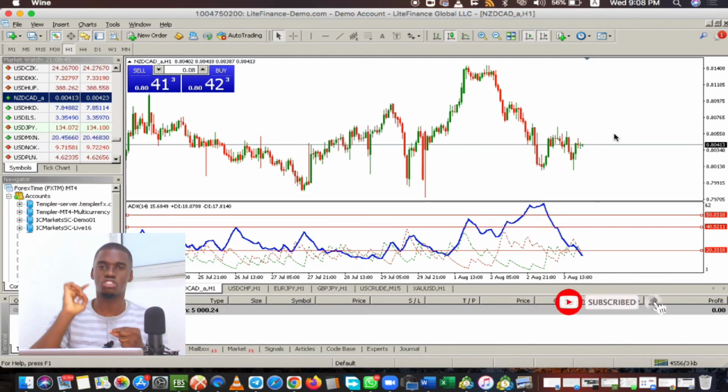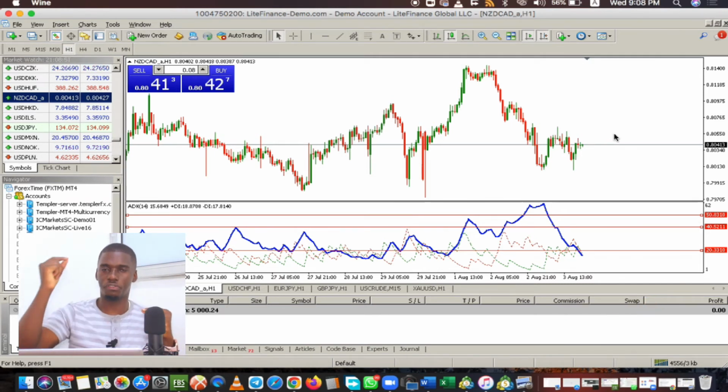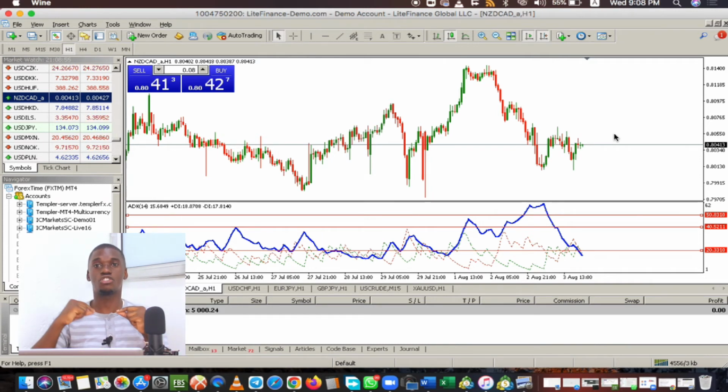And the moment 20 is crossed going upwards, it means that the market has started trending. So between 20 and 40, that's a trending market. Just know the market is trending regardless of whether it is going up or downwards. There is enough momentum for you to trade. So for those that are good at trading trending markets, this is good for you.